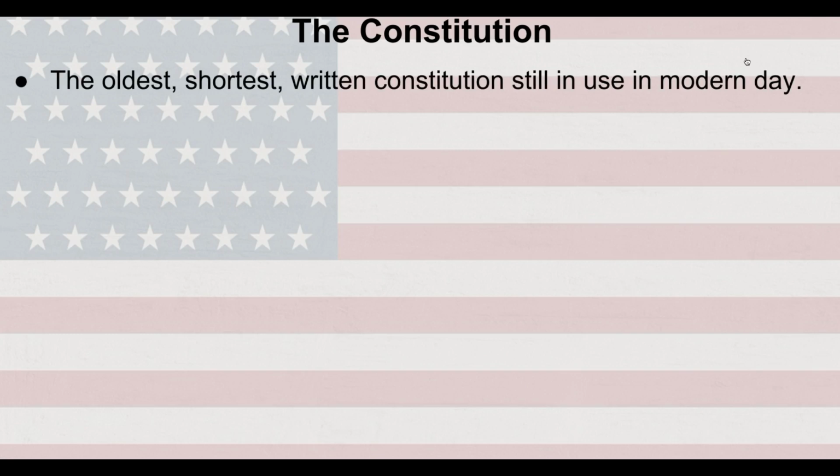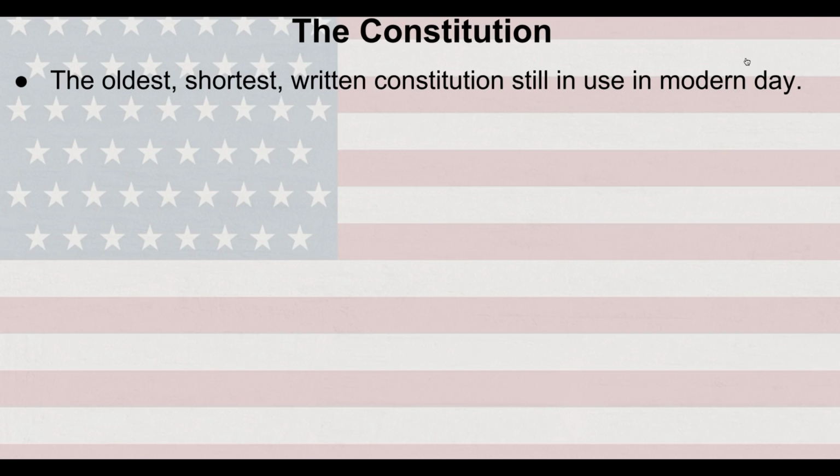It has lasted 230 plus years with relatively few changes, but it is a living document, and so we are able to change it and reinterpret it as we face new things moving into the future. And so it has really withstood the test of time. And it is relatively short, especially when you compare it to some of the state constitutions.